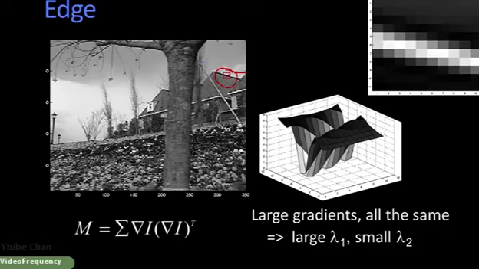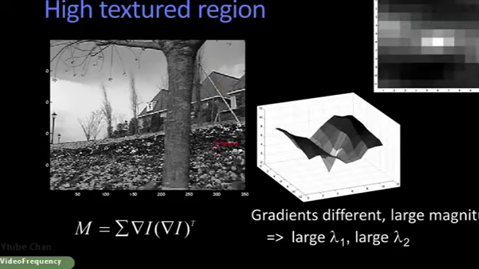Well, movement happened along the direction of the edge and we wouldn't know how it moved. So where can we estimate motion really well? Well, we can estimate it really well in this textured region. Basically, the same constraint that we had on the Harris corners, namely I have to have the gradients varying over the window, and that's indicated by having two reasonably large eigenvalues of that second moment matrix. That's the same thing that applies to motion estimation.